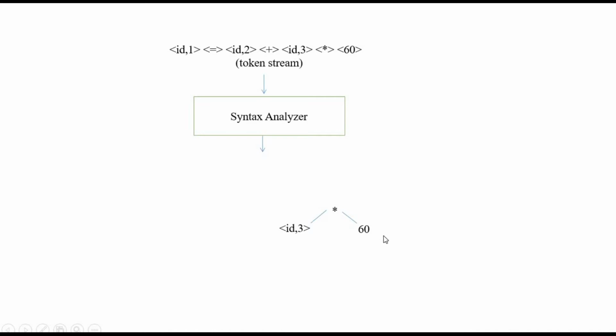Then the answer of id 3 times 60 is added with identifier 2. The result of this expression is assigned to identifier 1.